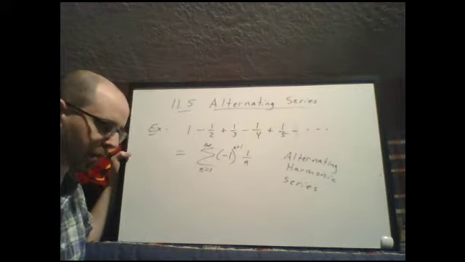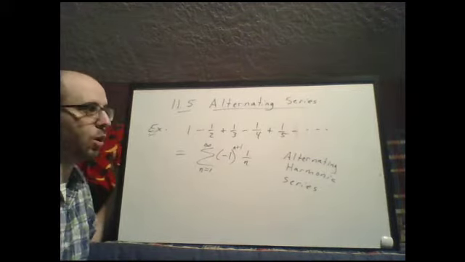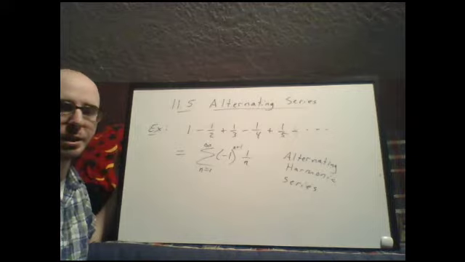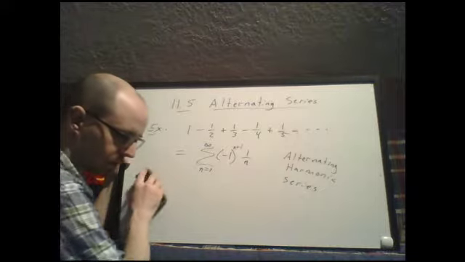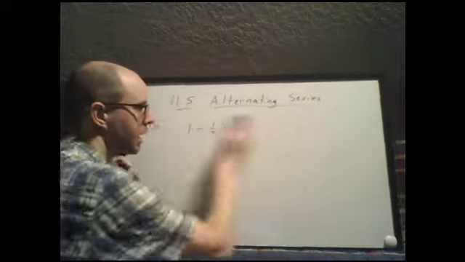And so we want to come up with a way of determining whether or not an alternating series is convergent or divergent. Okay, so first let me be a little bit more precise with my definition.